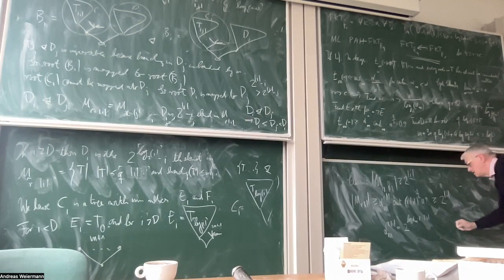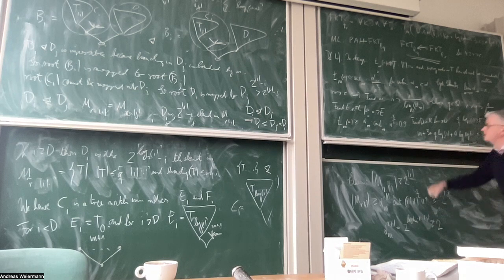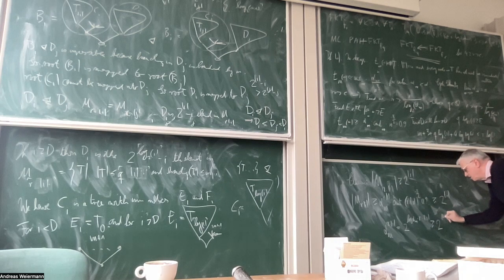R is bigger, so this is bigger than that number. So we get here 1 plus epsilon times the binary length of I times some rest, bigger than the length of I.